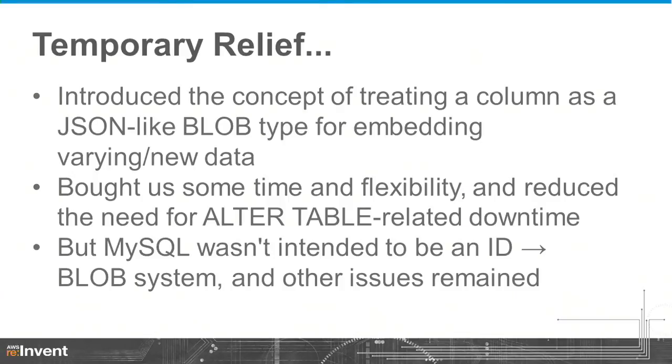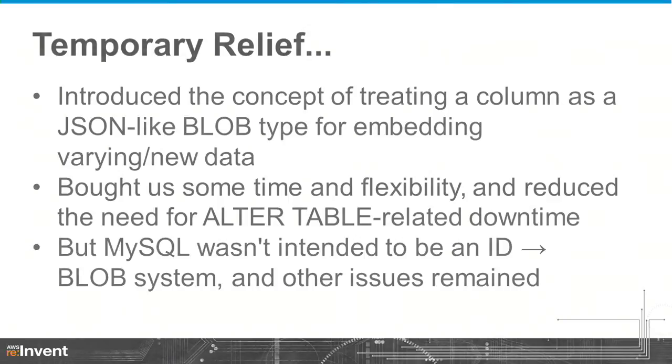That's fine. It did help us avoid some table alter operations. The only issue is currently in MySQL, JSON in a blob column is opaque to the system. Now, I do know that the MariaDB people are following Postgres and making JSON serialized in columns visible to the system. But it's been an issue for us over the years.